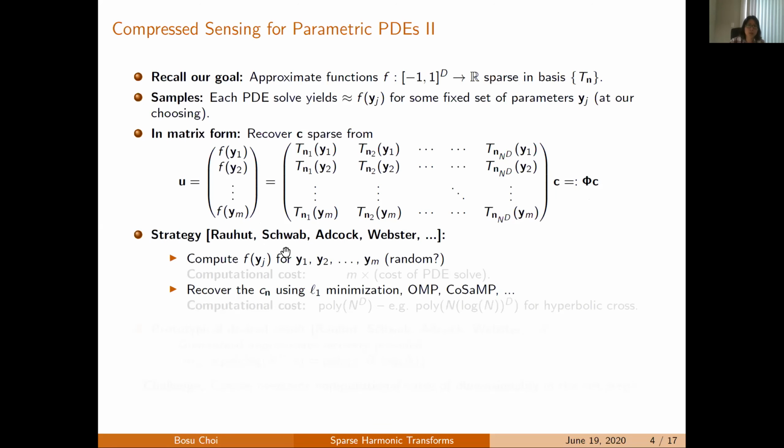In several papers applying compressive sensing techniques to this parametric PDE problem, we have two steps.